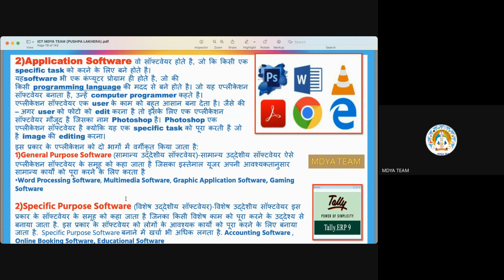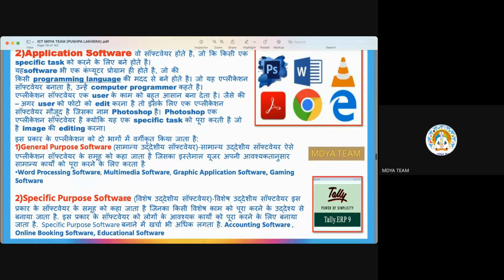Like you have a photo, you want to edit that photo in some nice form, change its color combination or brightness, add anything or delete anything from the photo. So there is an application software which is called Photoshop. So for a particular specific task, you need a particular application software.